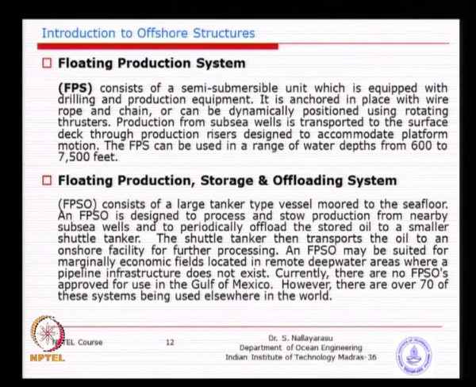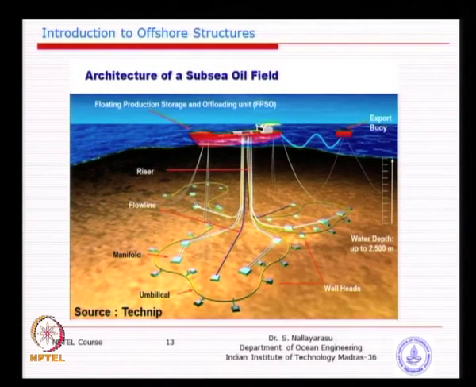This is very common even now for marginal fields, whereas for full-fledged long duration fields you still have FPSO, but we call it FPS because there is no storage and offloading, only direct transfer by risers and pipelines. Something like this, you have an FPSO, sometimes you have a loading buoy. So, whenever the tank is full with crude after producing for a period of time, you bring an oil tanker, transfer through, and then the oil tanker will take the oil away. So, there are no direct lines connected.